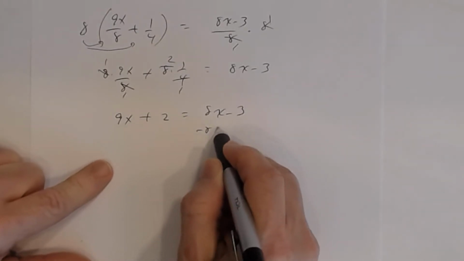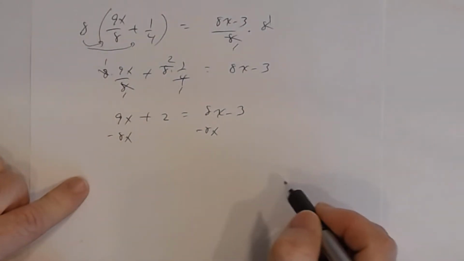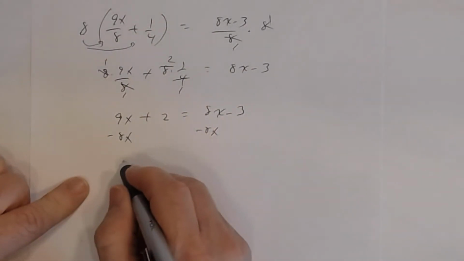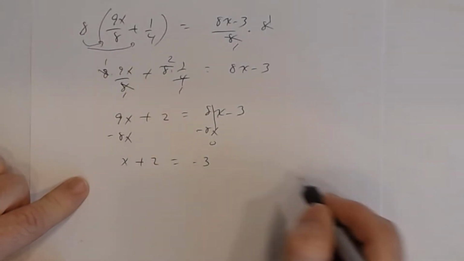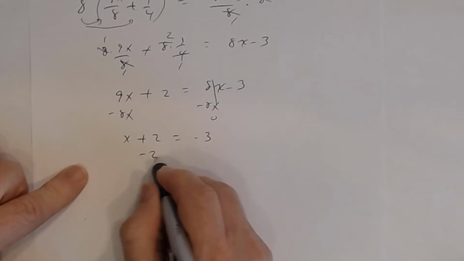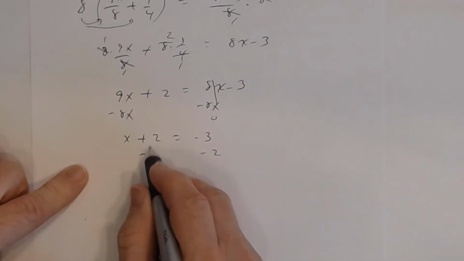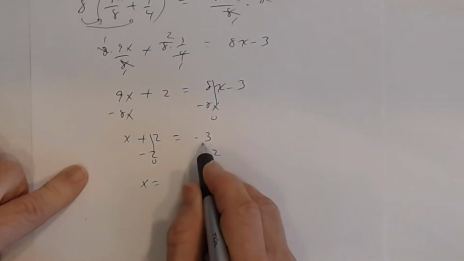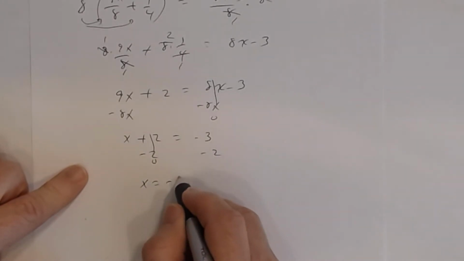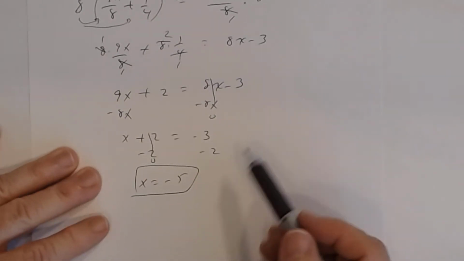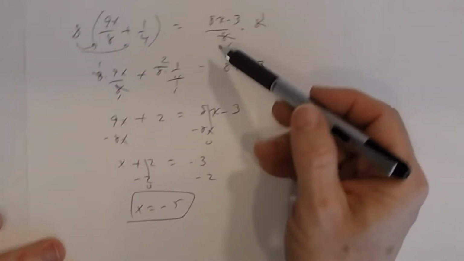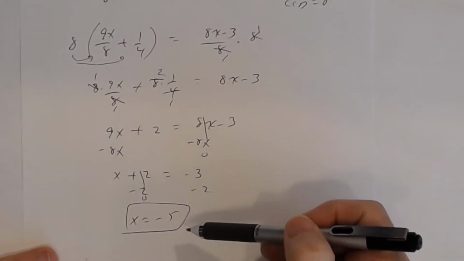So let's go ahead and subtract 8x from both sides, bringing all the variables to one side. 9x minus 8x is x, plus 2 equal, this is 0, and you're left with negative 3. Subtracting 2 from both sides and combining like terms, I get x to be negative 3, and a negative 2 is a negative 5. So that's the solution, if I did all this work correct.